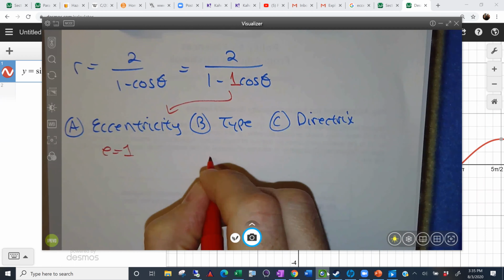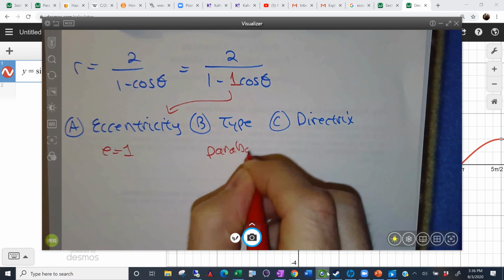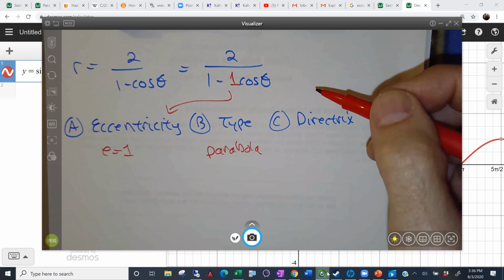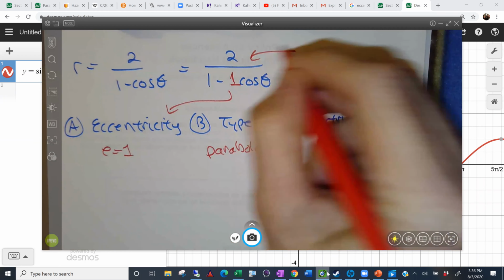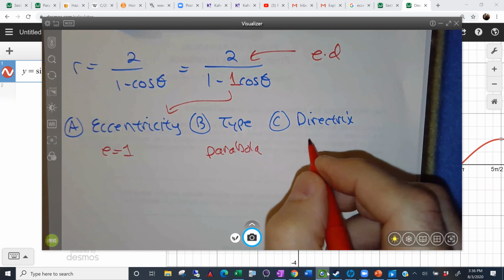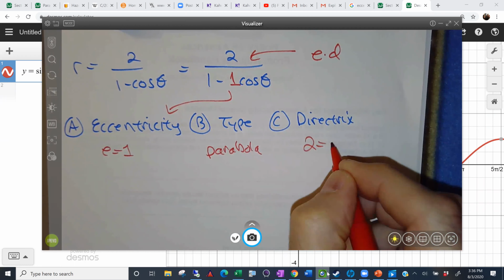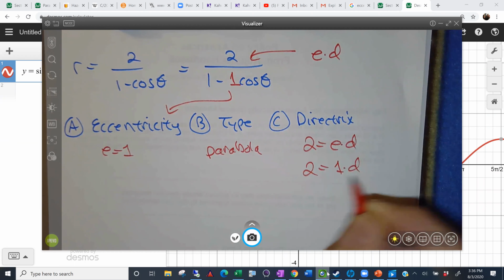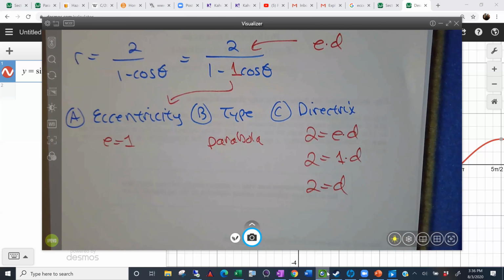Parabola. Thank you, a parabola. And finally, we need to figure out the directrix. Remember, that term up there is E times D. So 2 equals E times D. When E is 1, that makes things pretty simple. I get D is 2.